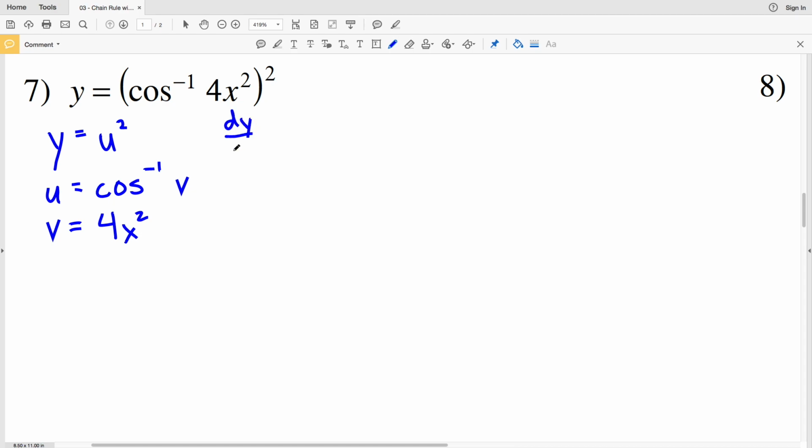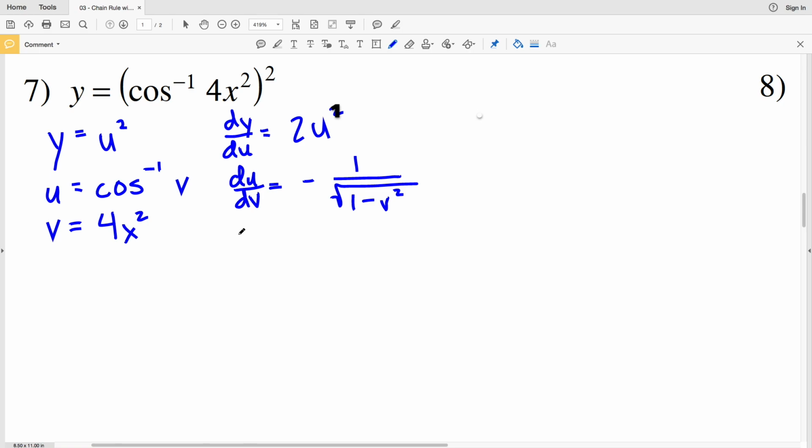So the derivative of y with respect to u, that's going to be 2 times u to the first. The derivative of u with respect to v is going to be the derivative of the inverse cosine of v, which is negative 1 over the square root of 1 minus v squared.